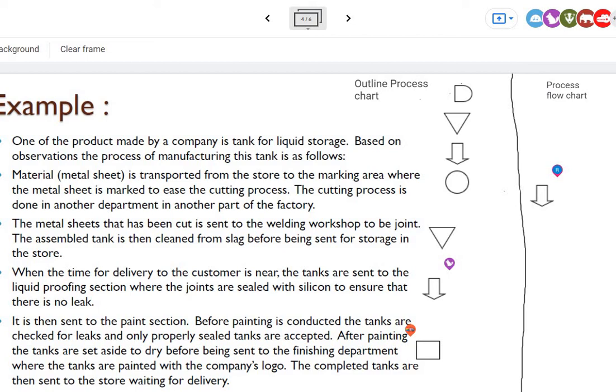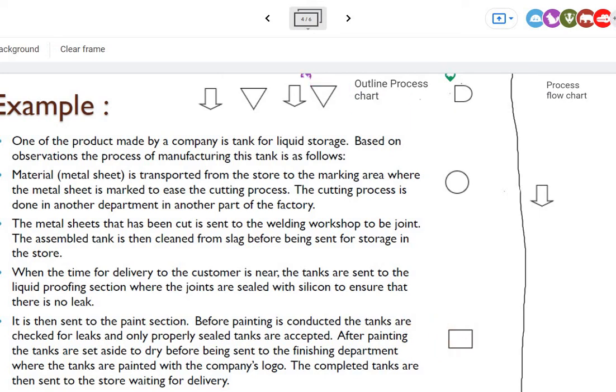So this one, no need. Okay, now we can start for the outline. For the first, you have only one. Sorry.